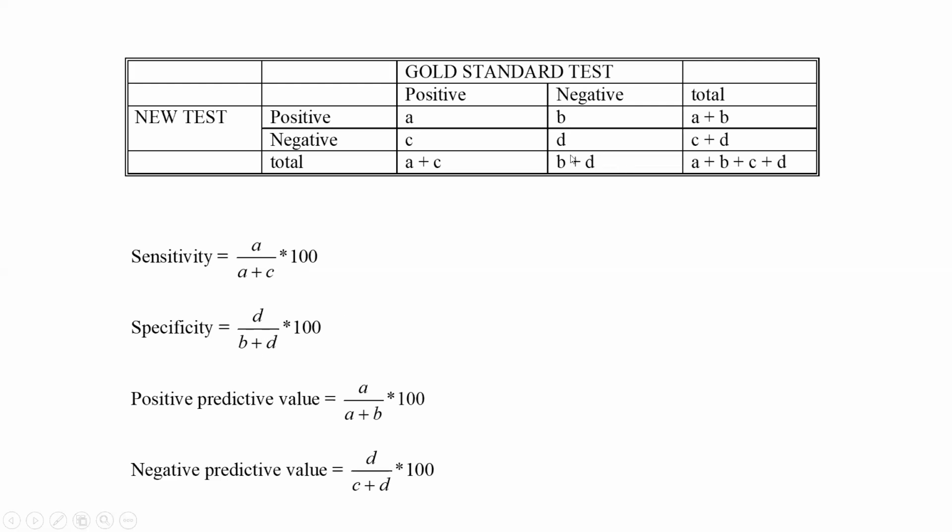That means out of total negatives, how many people has the test identified as negative? Okay, out of total negatives, how many people have been identified by the test? This is the specificity. So what does high specificity mean?